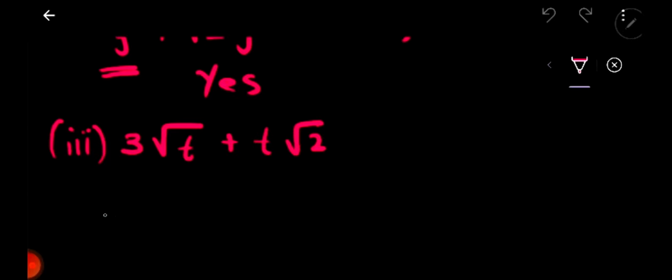We can rewrite this expression as 3 t to the power 1 by 2, since square root means its power is 1 by 2, plus t root 2, which we can write as root 2 t.